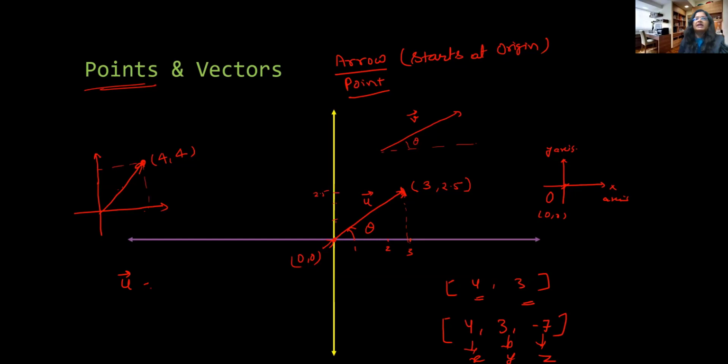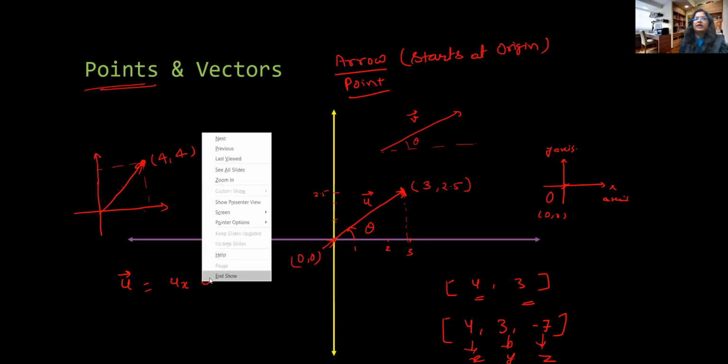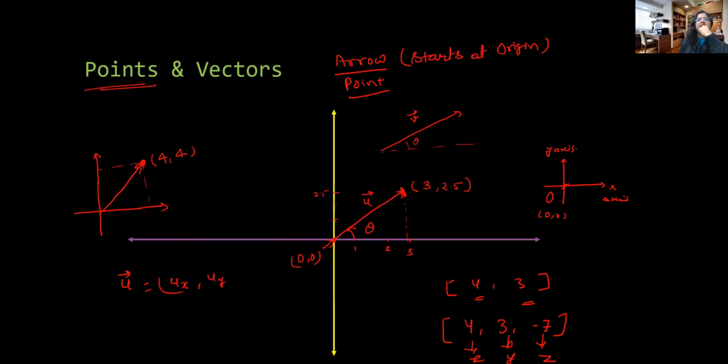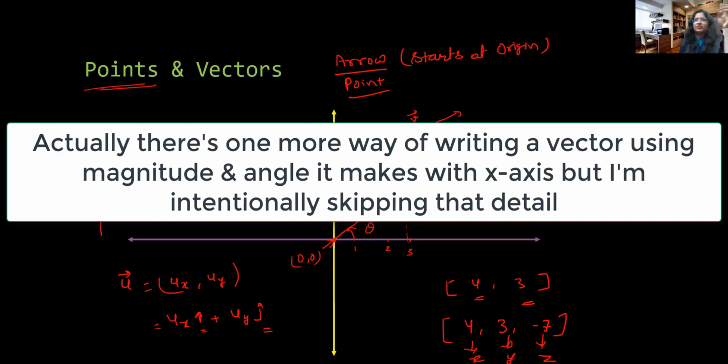So you can write the x and y coordinate of this vector as ux, this is the x coordinate, and uy, this is the y coordinate. So these are just the coordinate, and we will talk about it. Mathematics students write it a little more complicatedly, right? ux i cap plus uy j cap, where i cap and j cap are unit vectors. We will talk about it if you love math, otherwise you can skip this detail. I hope this thing is clear.